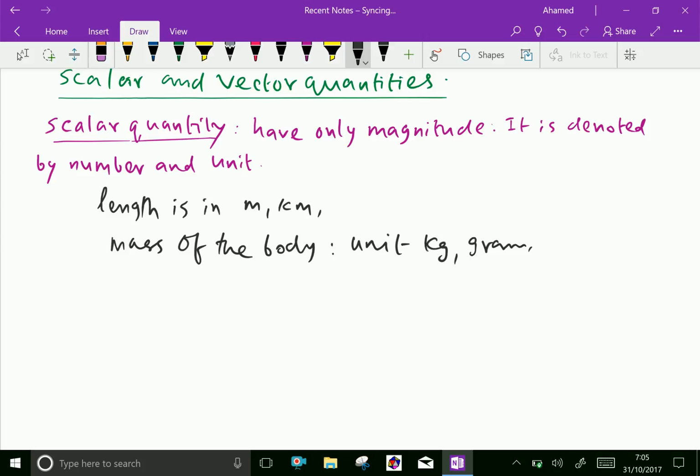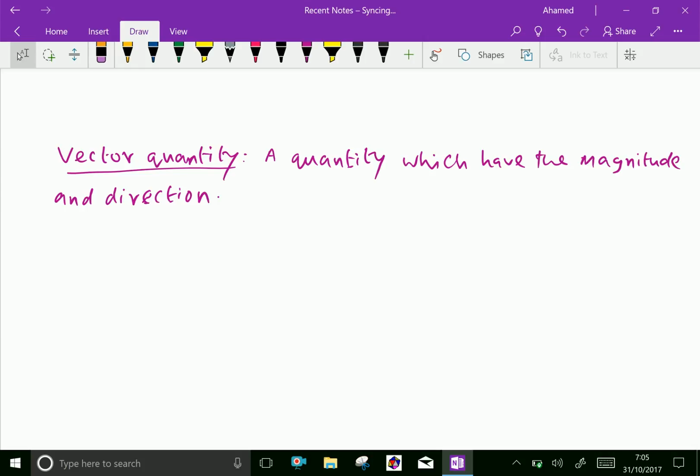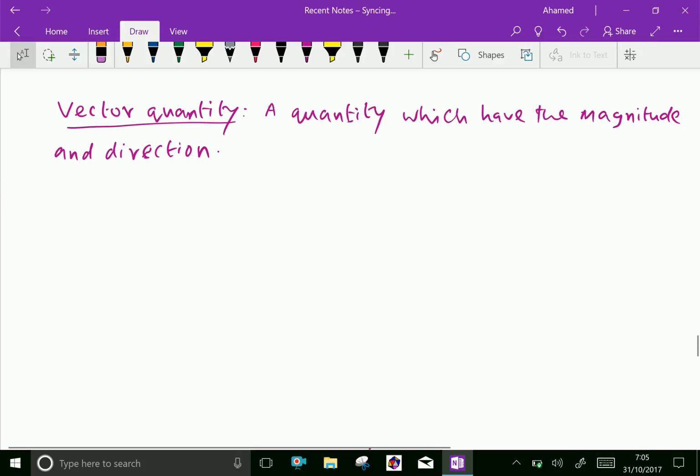Now the next one, vector quantity. A vector quantity is a quantity which has magnitude and direction. Suppose consider velocity.